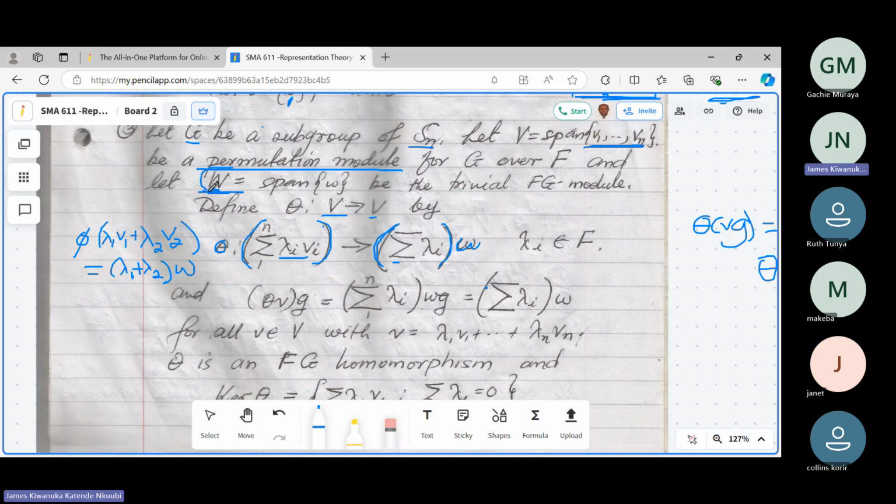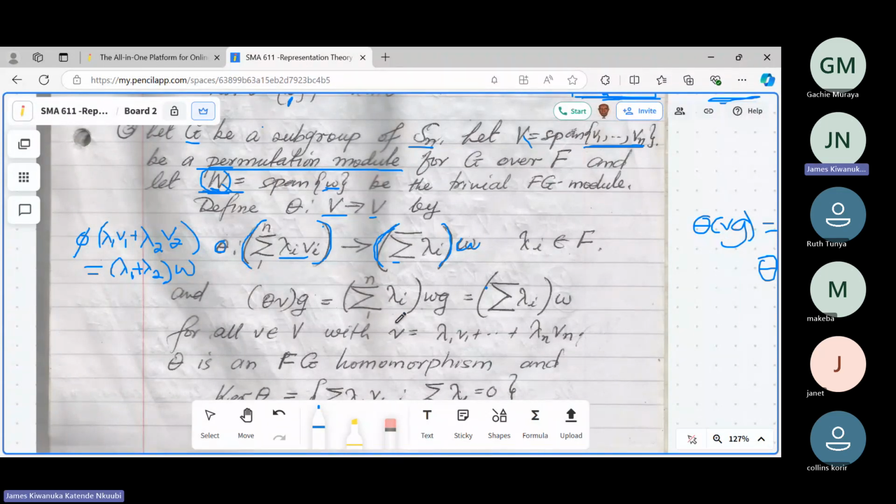So W is a one-dimensional vector space. It is spanned by one vector, W. And the map we are defining is from this vector space that is n-dimensional to this vector space, W, that is one-dimensional.